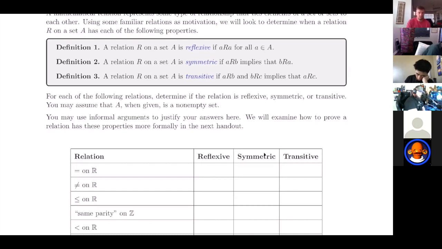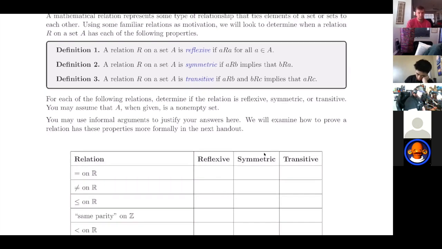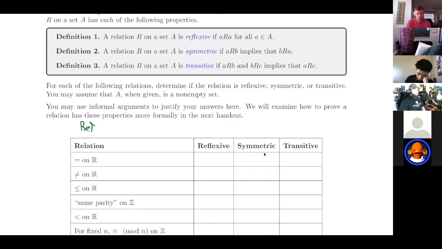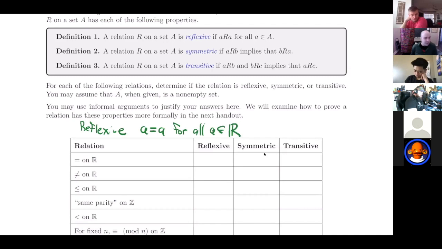For equality, if we're thinking about the reflexive property, we'd want to check: is it true that a is equal to a for all a in R? And that would be satisfied.